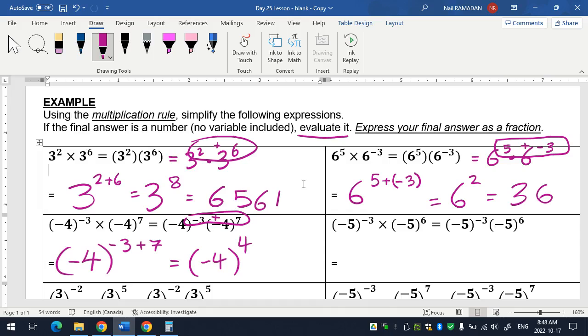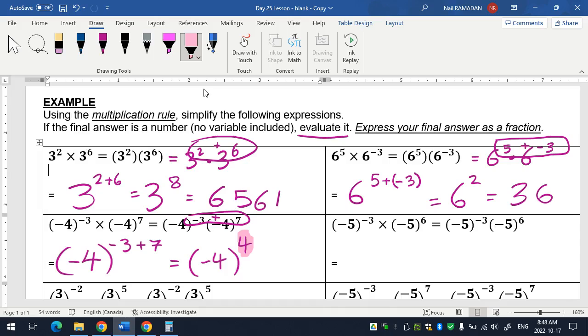Huh, Kaylin, go. So how does that translate to, how does this number affect my final answer? How does this number affect my final answer? Can someone say it? How does this number right here affect the sign of my final answer?